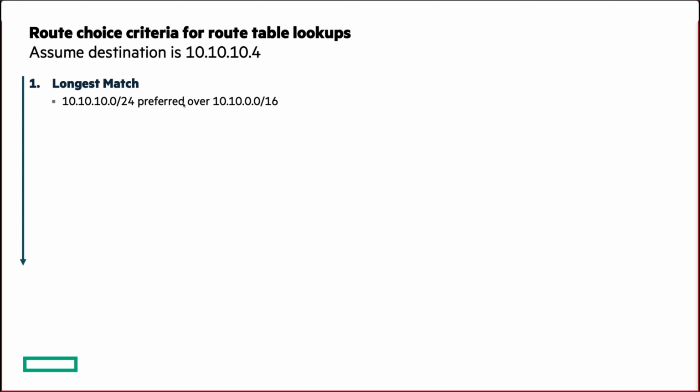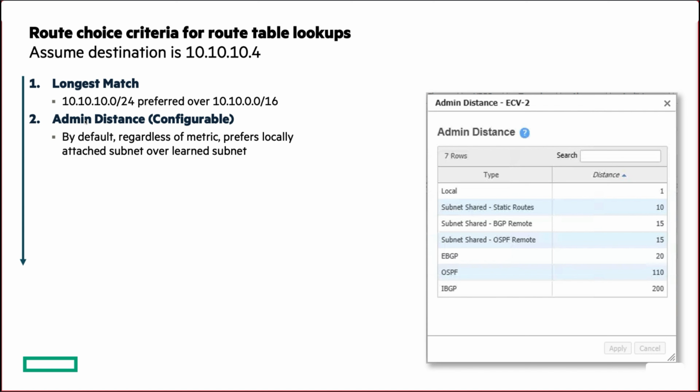If I have equal matches, then I'm going to break the tie by looking at the administrative distance. The administrative distance is basically how the route was learned. As you can see here, was it learned directly via iBGP? Was it learned via eBGP? Was it learned via OSPF?